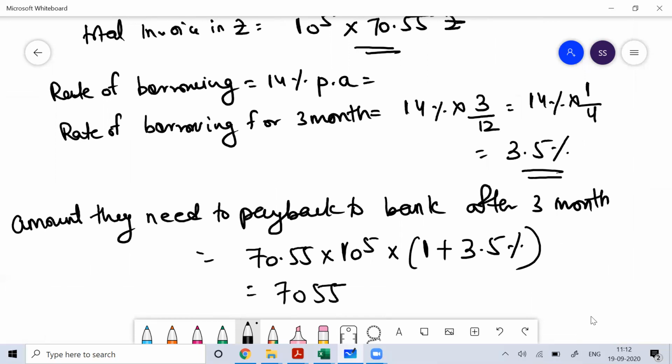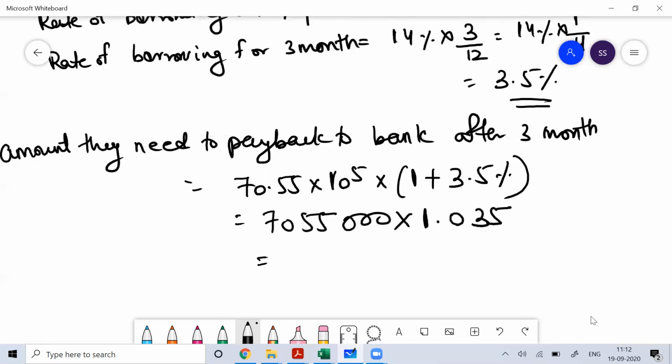This is 7055, then triple zero, into 1.035. You can calculate this. 7055 into 1.035, that is how much? 7301925.